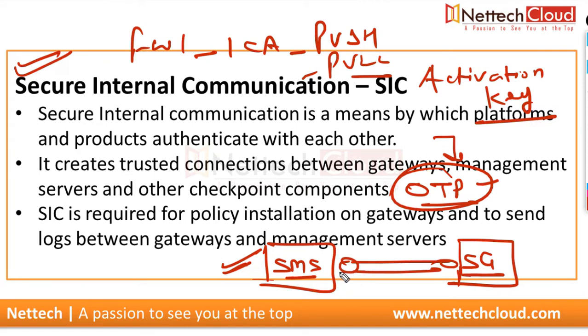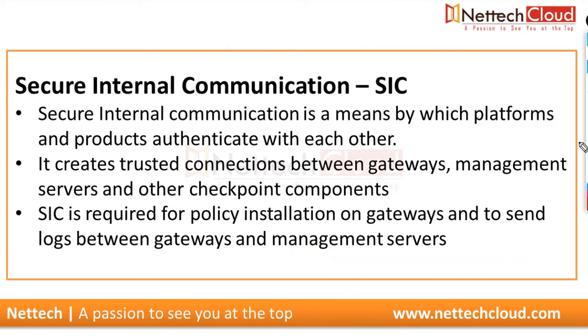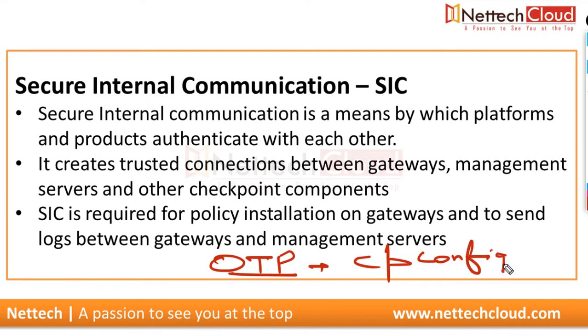And what if you have forgotten that? Then it can be reset. We can set this one-time password later on because there is a command, cpconfig, Check Point configuration. With the help of this command line utility, we can set another activation key or one-time password.